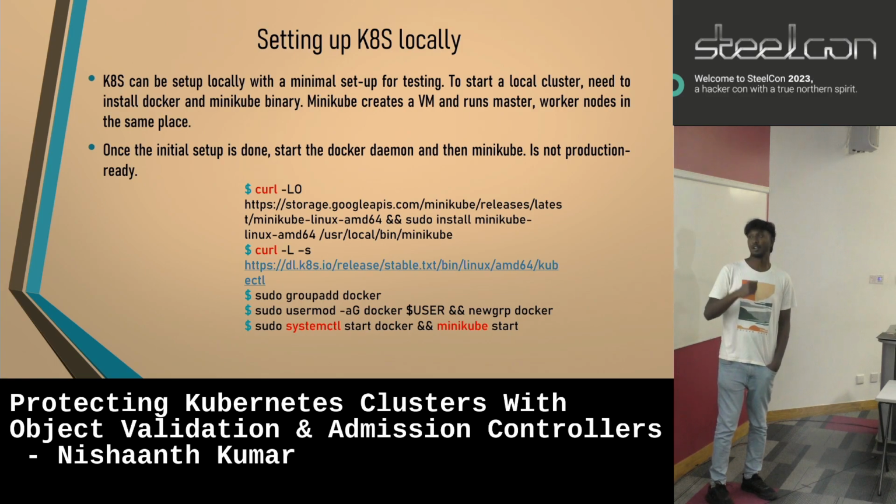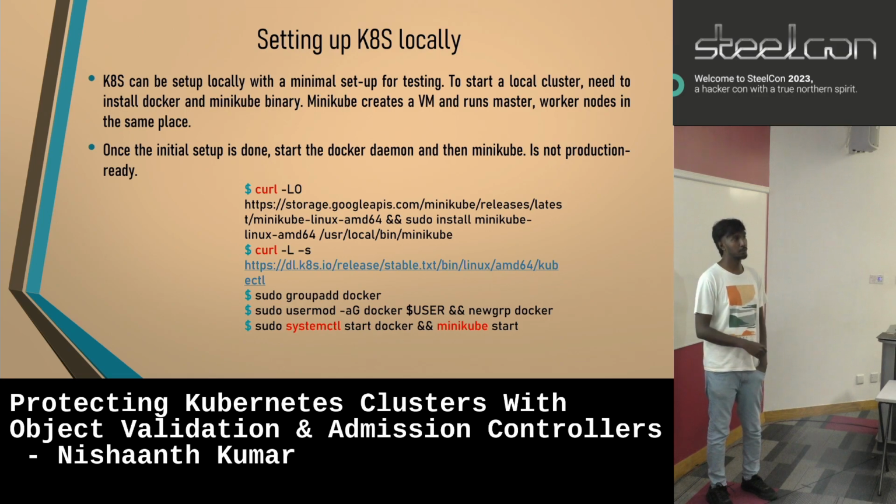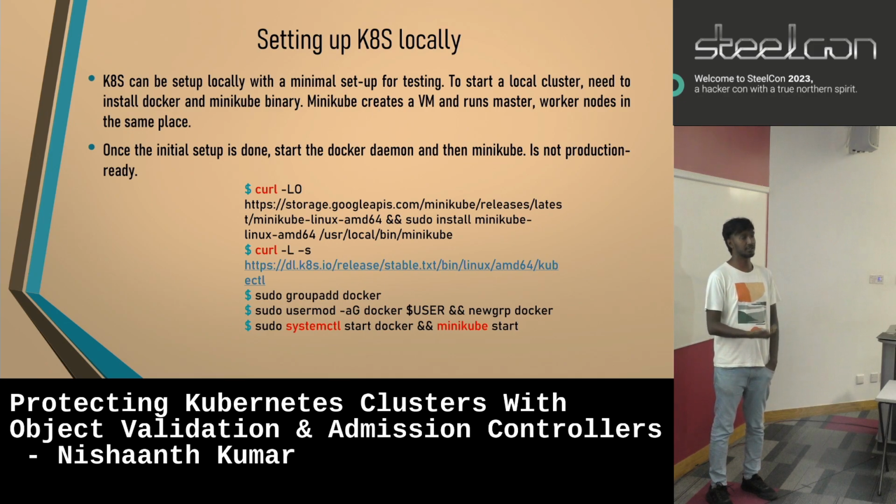It's quite straightforward to use Minikube. You download the binaries for Minikube, add the groups for the specific user which you're going to run, and just start up Minikube. It's going to run a cluster by itself, and both the master and the worker node are going to be in the same node in Minikube. But that's not the case with a production cluster, because you can't run both the master and worker node on the same computer.